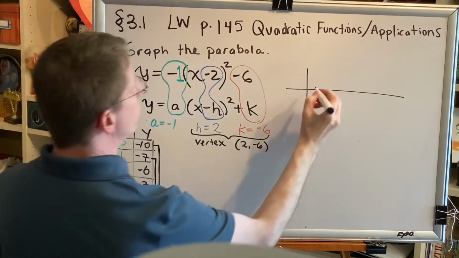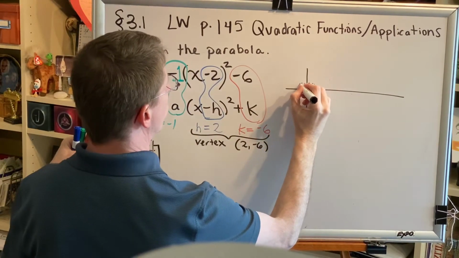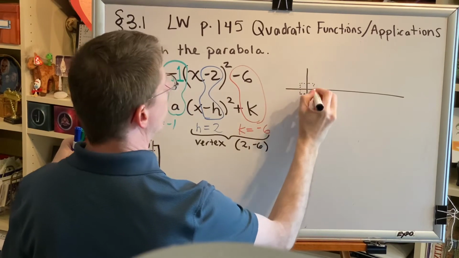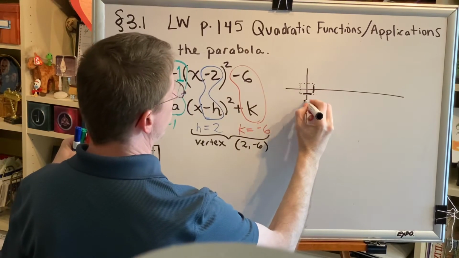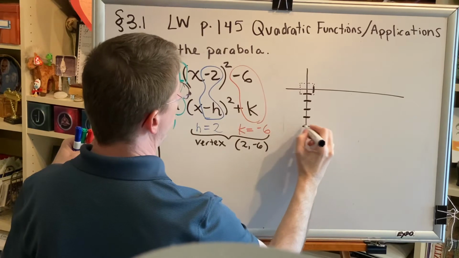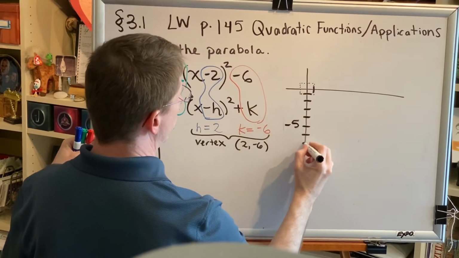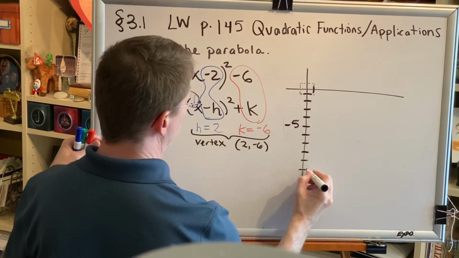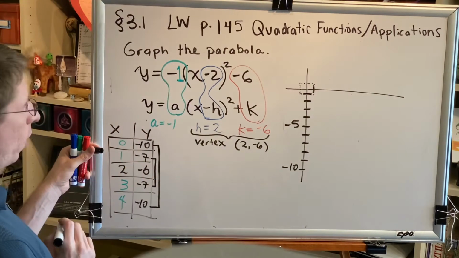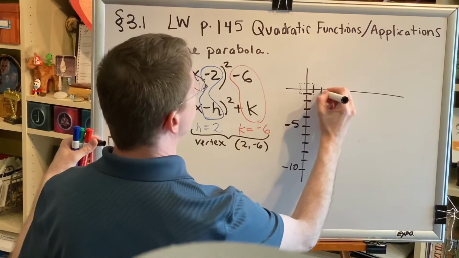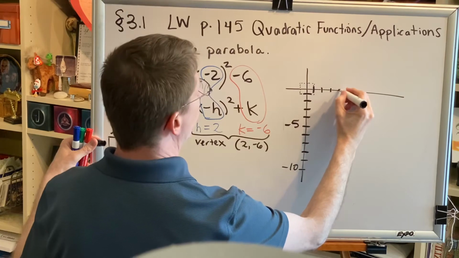All right, I'm going to start by making a dashed square here. So 1 and -1, 2, 3, 4, -5, 6, 7, 8, 9. Our y's go all the way down to negative 10. Our x's, we only need to go to 4.